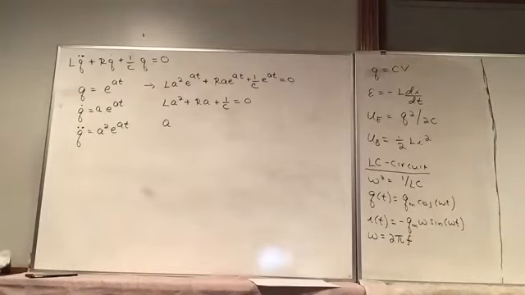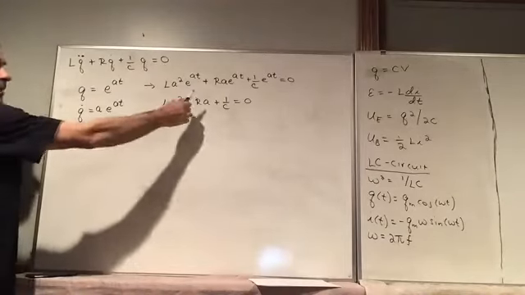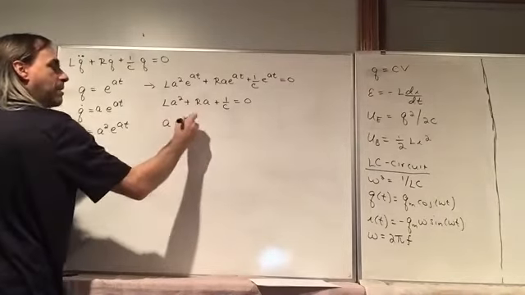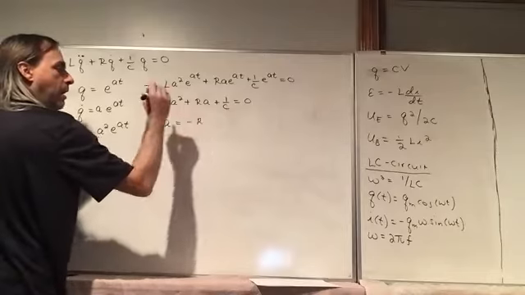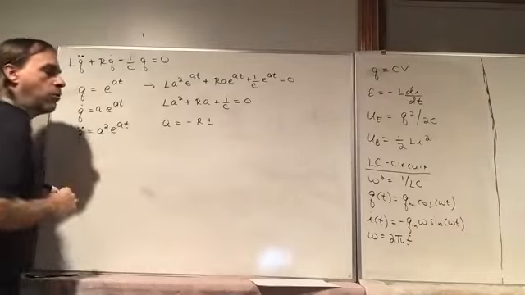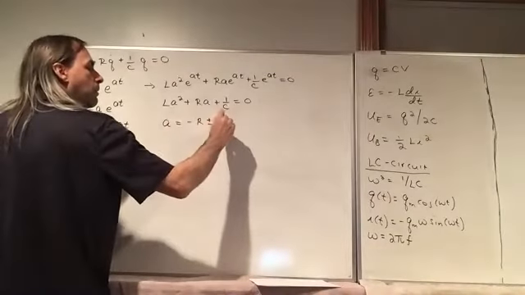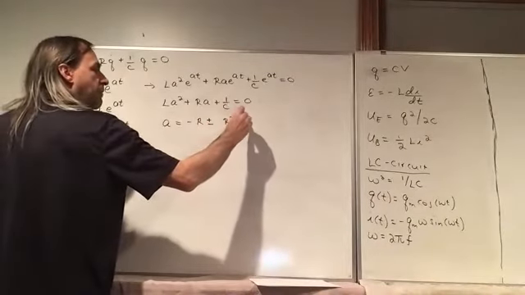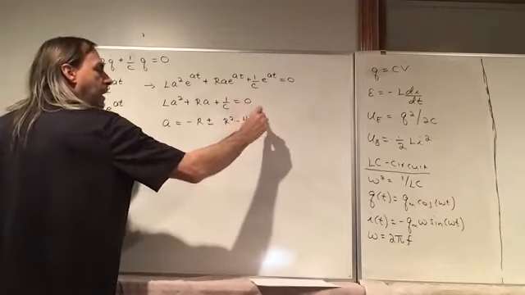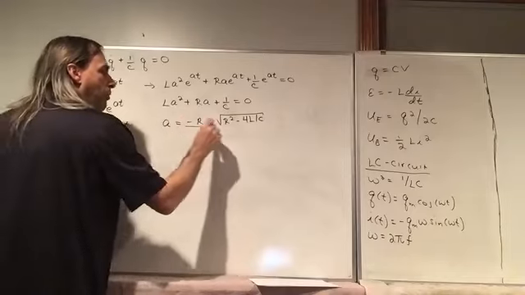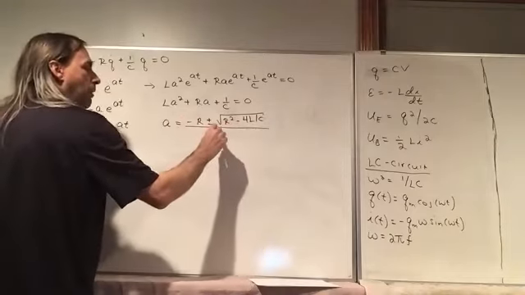So anyway, the solution to this equation, instead of x equals, a is our variable. So we have minus the middle term, that would be minus R, plus or minus the square root of R squared minus 4L over C, the whole thing divided by 2L.